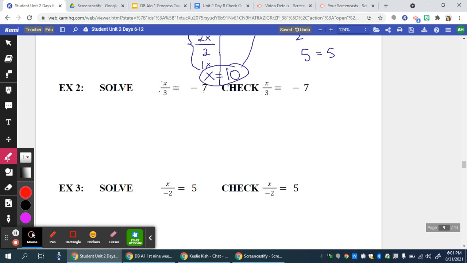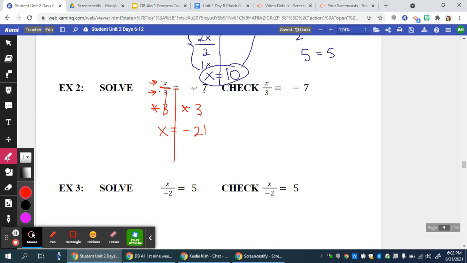I have x divided by, remember this means divided by, 3 equals negative 7. So I need to isolate the variable, which is x, by doing the inverse operation of divided by 3, which is multiplying by 3 on both sides. That effectively cancels out my 3's, and I'm left with x equals negative 7 times 3, which is negative 21.